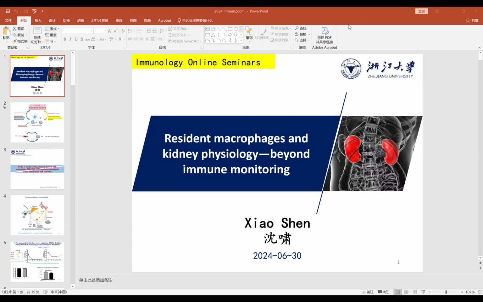His lab is also committed to understanding the factors that induce immune imbalance during the development of disease, in order to provide strategies for disease prevention and early intervention. So I think today, he's going to tell us about some of his work from his lab about resident macrophage related to the kidney physiology and the immune responses.